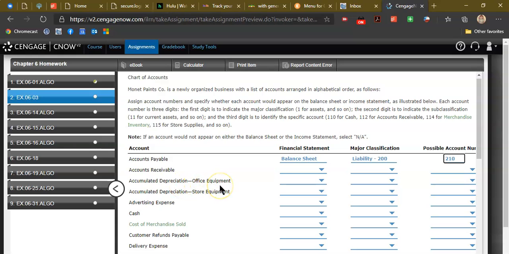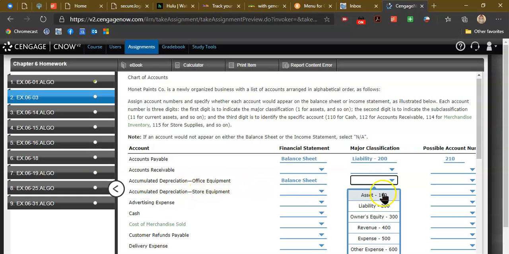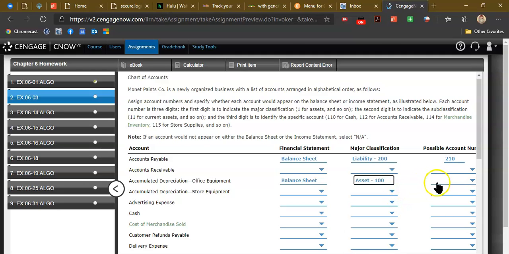Okay, let me show you accumulated depreciation because it could be a little bit less obvious. Financial statement, it is going to be on the balance sheet because it follows its asset right here. Its major classification is the asset area. It's a contra asset, but it's still an asset.